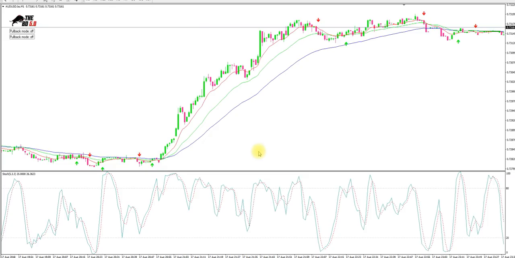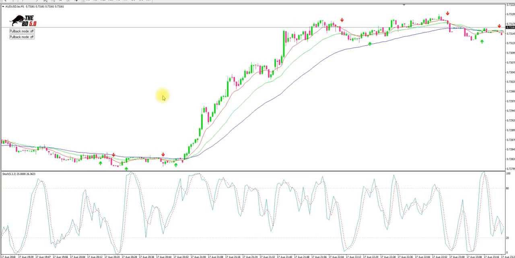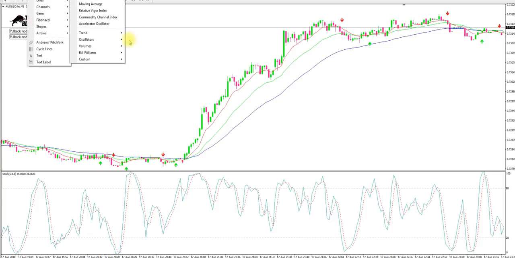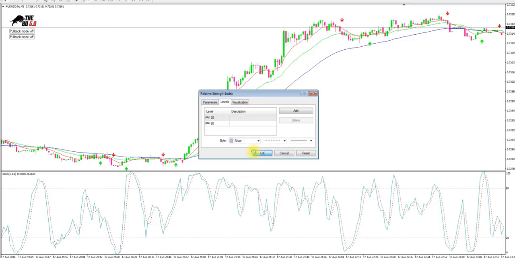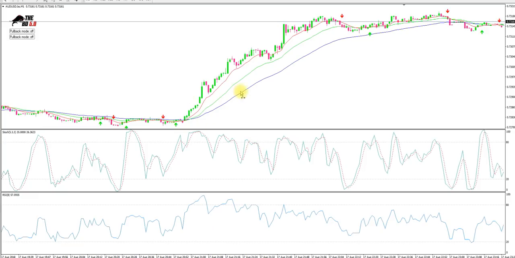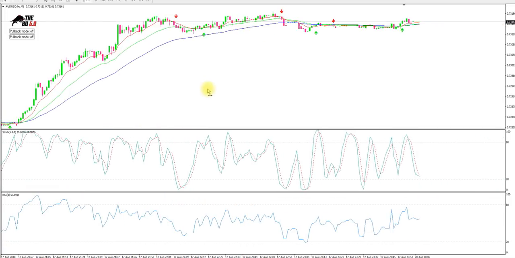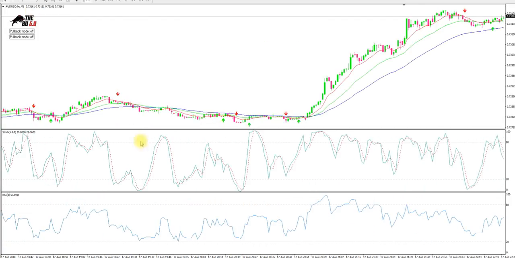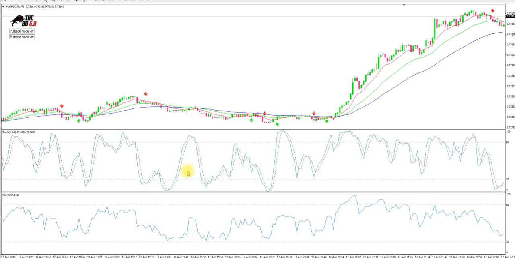When you're trading RSIs, stochastics, everything like this, I find RSIs are mainly used for trend reversals. If I include an RSI, you'll see what I mean. The Relative Strength Index normally indicates a reversal in the market because it moves less volatile than the stochastics.